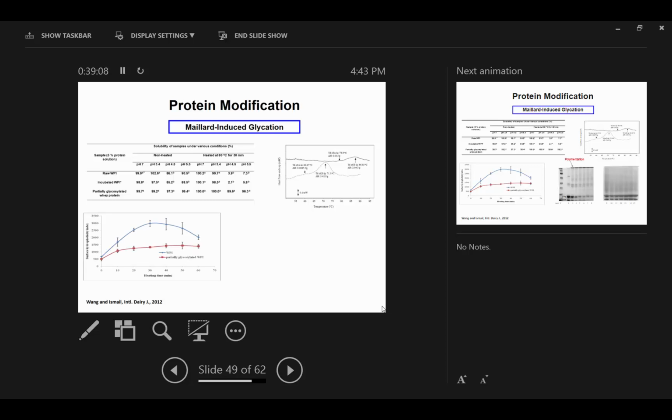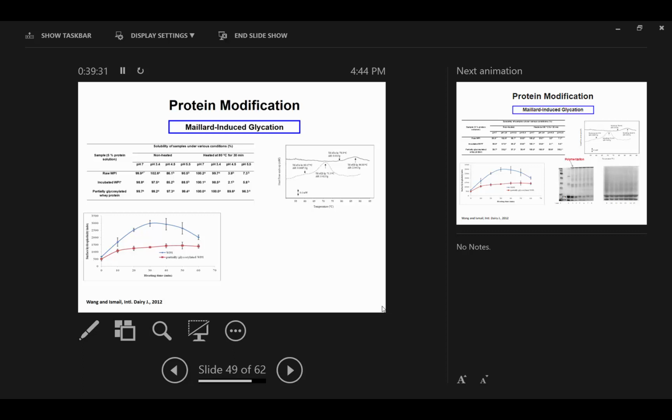And we proved it in a different way as well by looking at surface hydrophobicity. We're looking at the surface hydrophobicity when you heat at 75 degrees for 10, 20, 30 minutes, etc., up to 70 minutes. You see an increase in surface hydrophobicity of the non-modified protein. So the protein is opening up, denaturing, unfolding, exposing the hydrophobic groups.